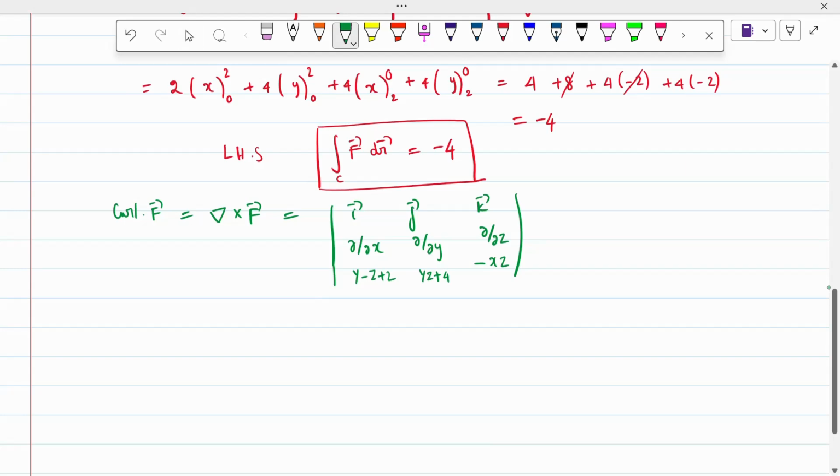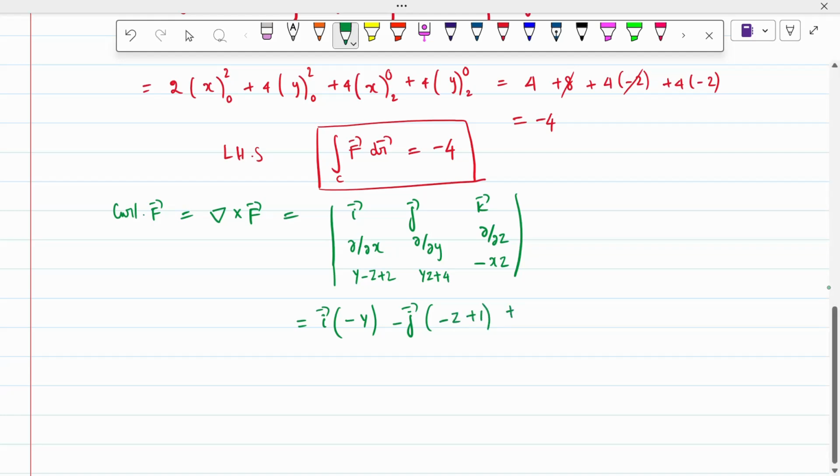So when I find the determinant, i vector into the corresponding term, this is 0, and when I substitute I'll be getting minus y. Minus j vector into the opposite, when I do it, z, so it's minus z plus 1.